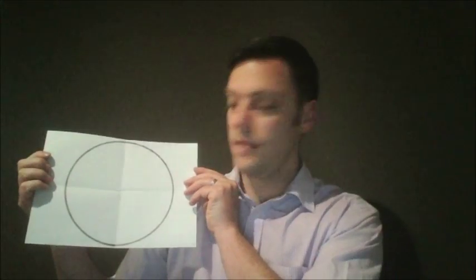Now in front of you, you all have your piece of paper with your circle drawn on it. Now I'll get everybody to fold their paper in half. We can fold it this way, or we can fold it long ways. So then we have created our own line of symmetry on our page.